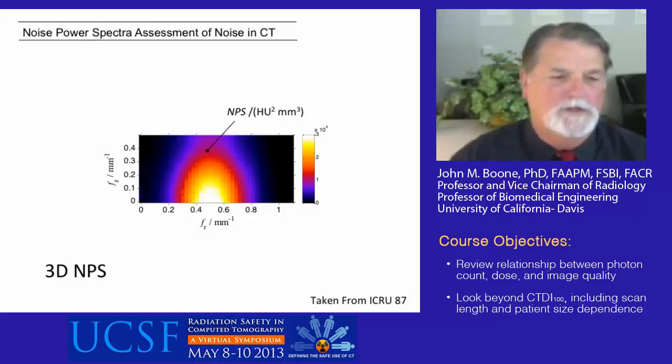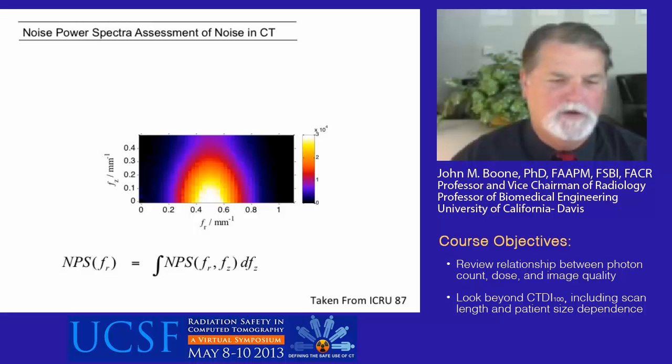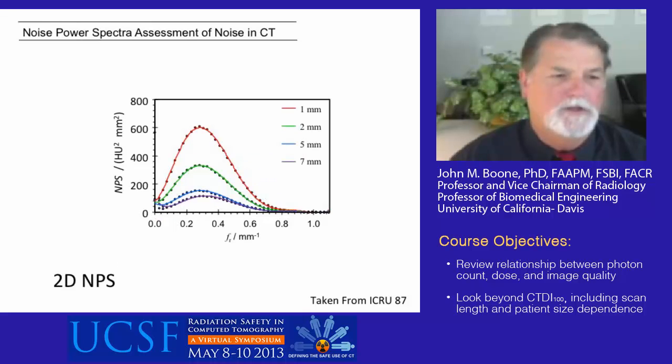We can then also integrate over the Z-axis, the frequency Z-axis, and collapse this to a 2D noise power spectrum as you see in this slide. And the units of the 2D noise power spectrum are Hounsfield units squared, millimeters squared.